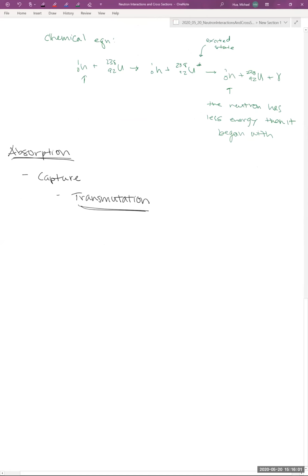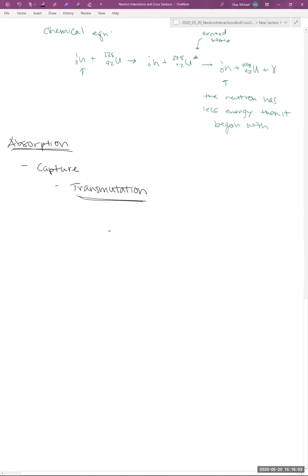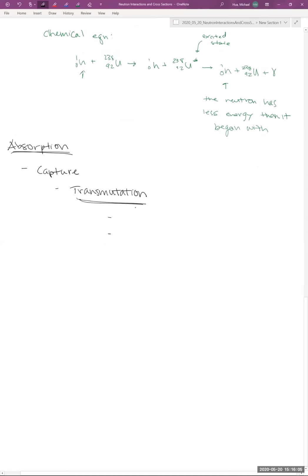In transmutation, the neutron is absorbed by the nucleus. And this means that the nucleus is now in an excited state.